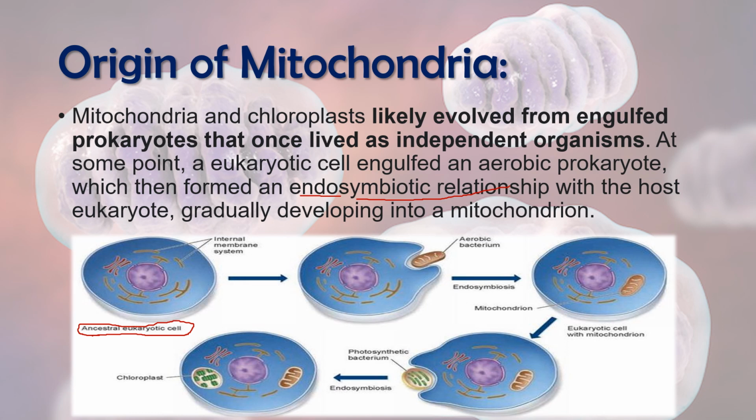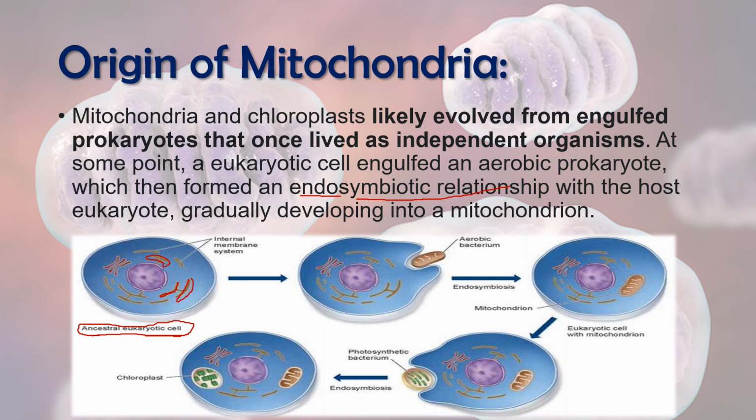These are the internal membranes inside this ancestral eukaryotic cell. We have an internal membrane system, which later forms the endoplasmic reticulum.